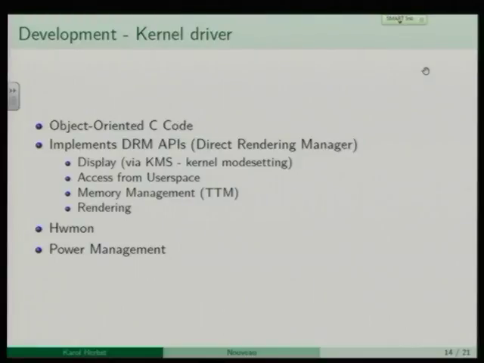With KMS, this kind of stuff got moved into the kernel, and we do the mode setting, like setting the resolution, in the kernel. And there are RPCs we have to implement for this, for access from user space. Of course, if the OpenGL library or something wants to do something, it has to go through the kernel.